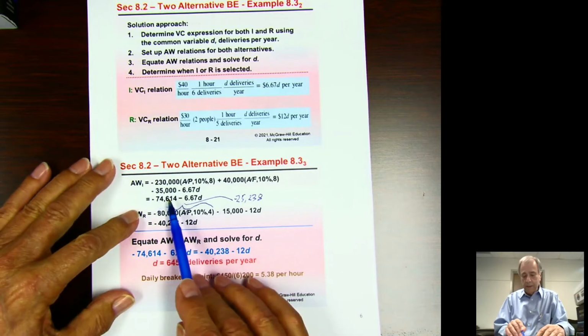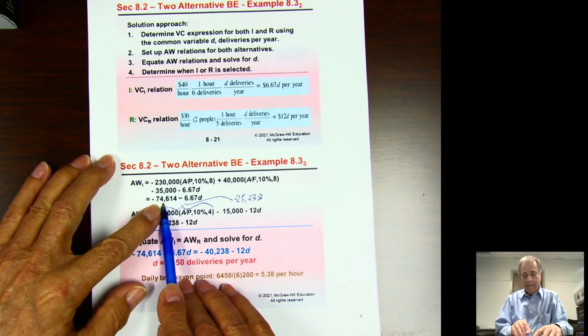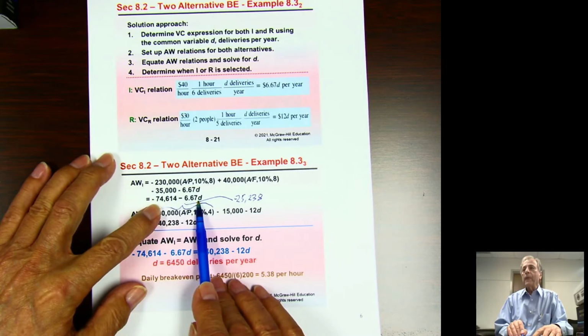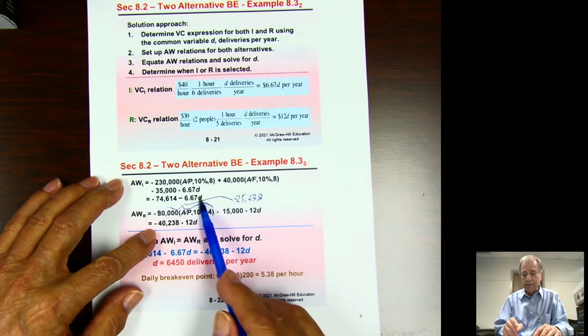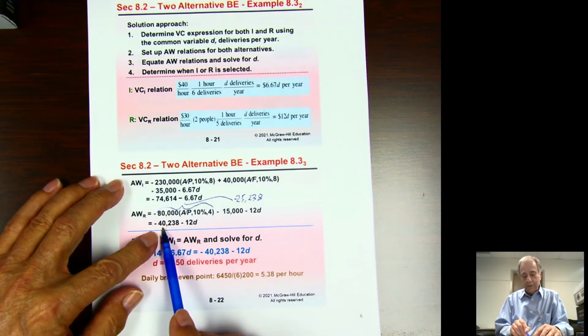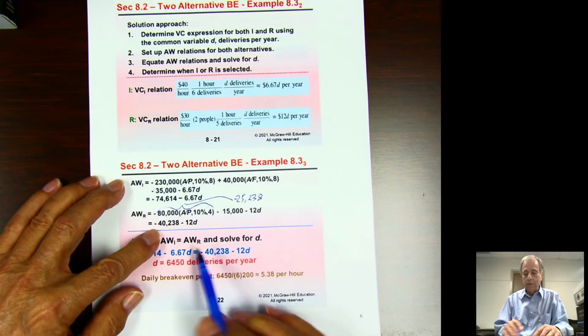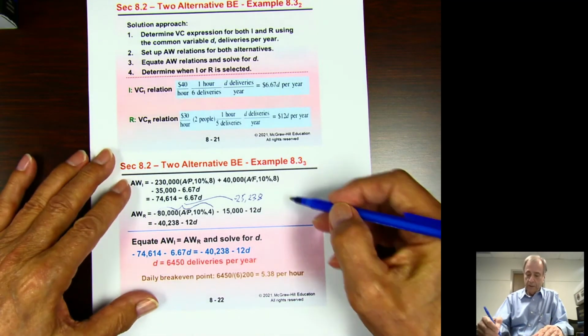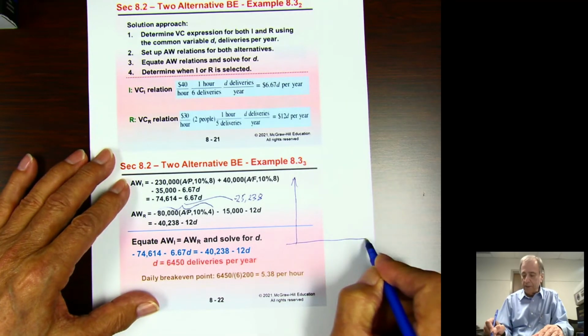You can see that this one has a higher fixed cost, but lower cost per unit, where a unit is a delivery. This has a lower fixed cost but a higher cost per unit. So we have a graph that will look something like this.